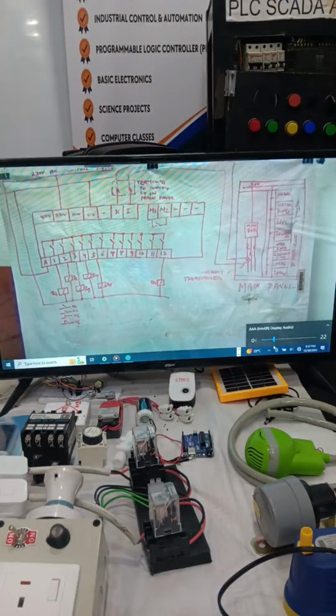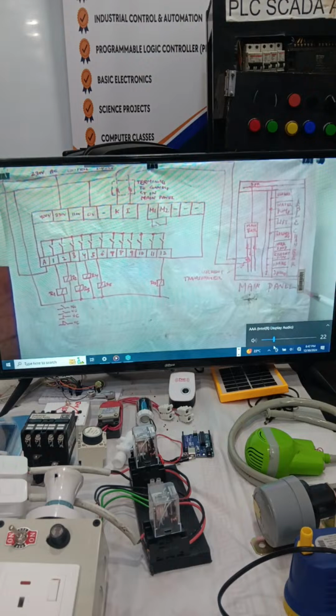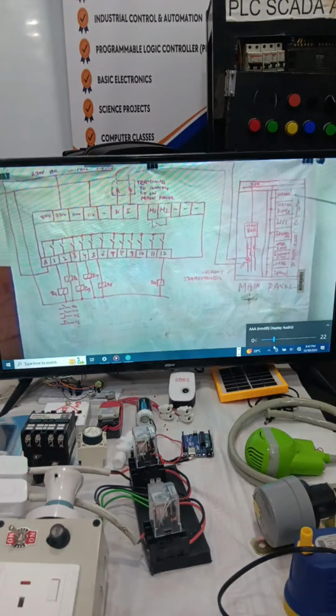Main system means, suppose this is your main panel. It is feeding the blower, water pump, lift, lighting, workshop, exhaust fan, all the loads. Some loads like blower and water pump are inductive loads.